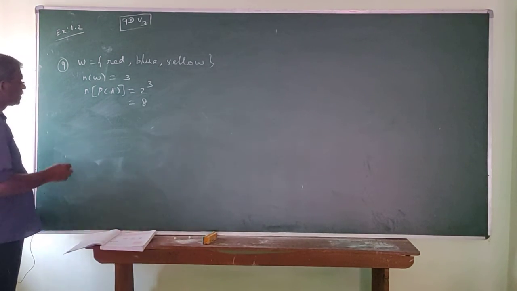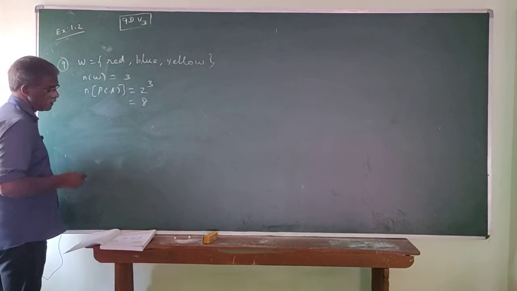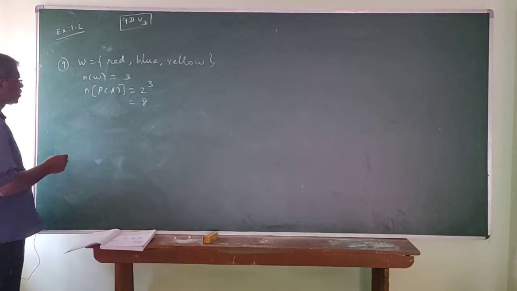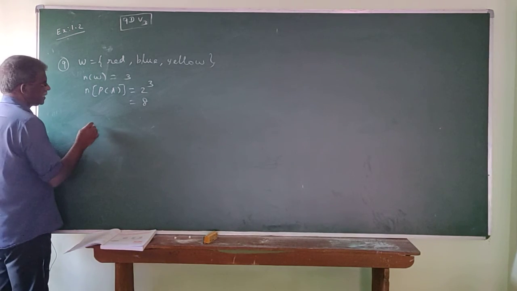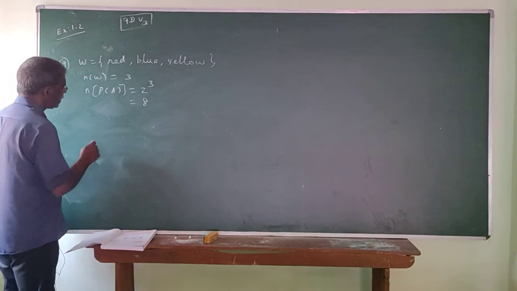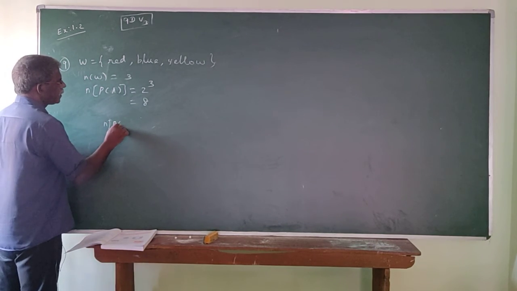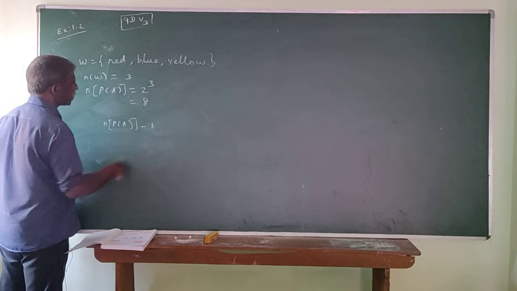They are asking the number of subsets and the number of proper subsets also. To find the number of proper subsets, we know the formula is n(P(A)) minus 1.